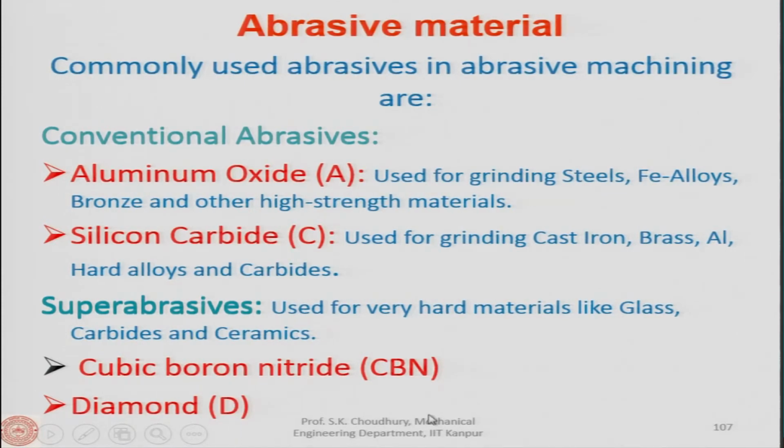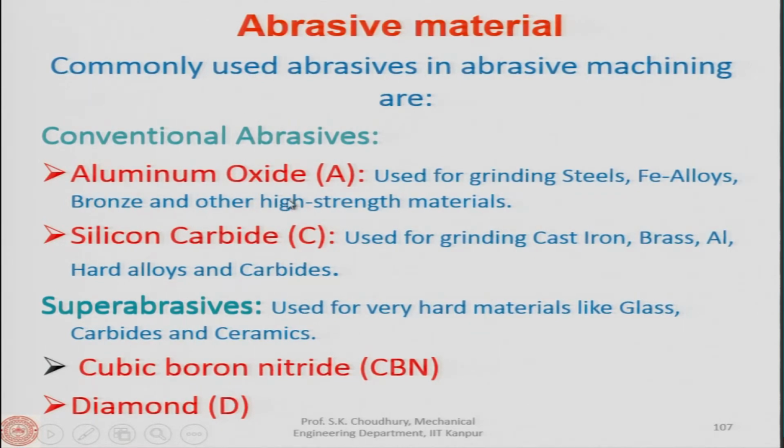So, basically these 2 are for very hard workpiece materials, when the workpiece material is brittle and hard. These are the super abrasives used for very hard materials like glass, which are also very brittle, and cannot be ground without the CBN or the diamond grinding wheel.